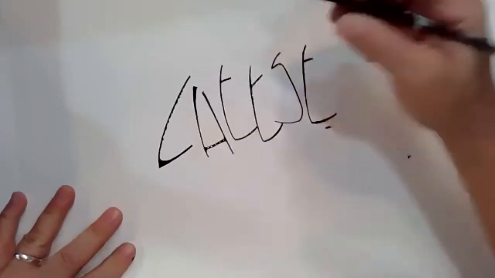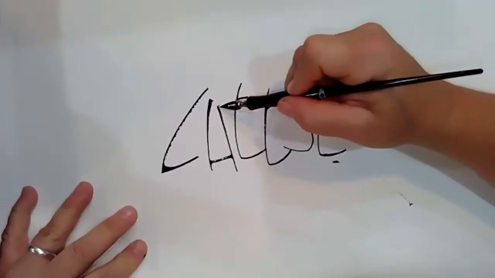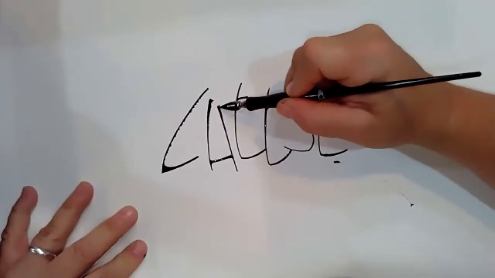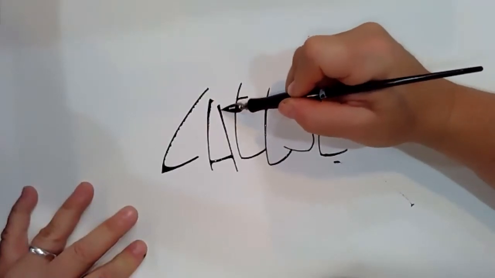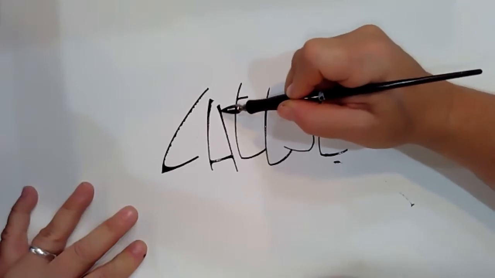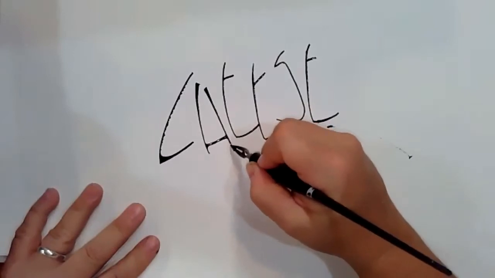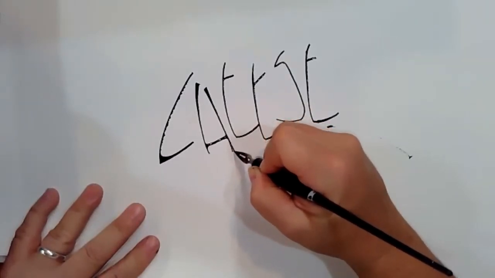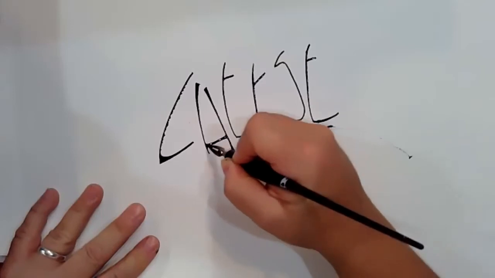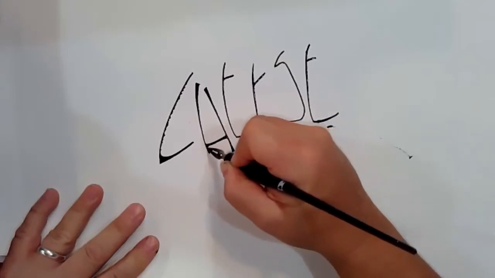Let's see. I'm going to leave that inner curve on there and then just do the outer angle on this. So kind of curve that stroke in just a bit more and then do that down here and down here.